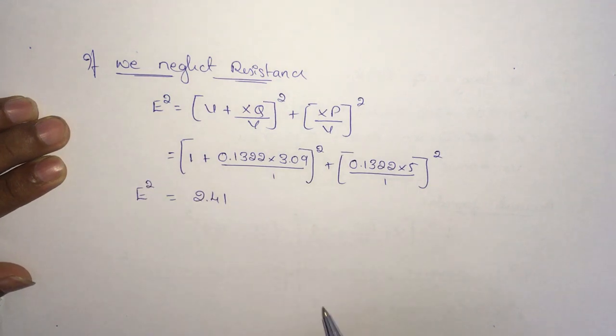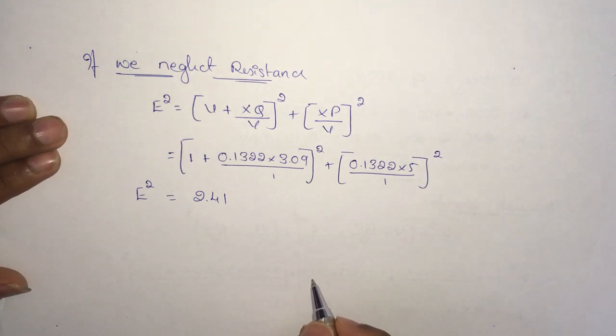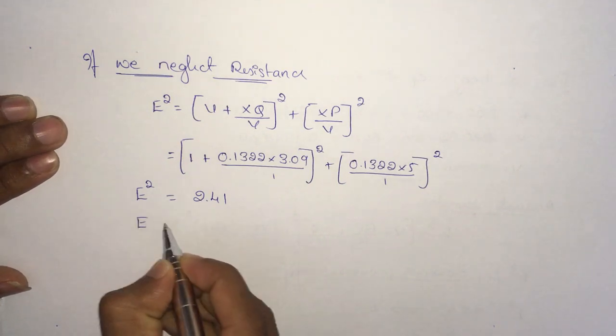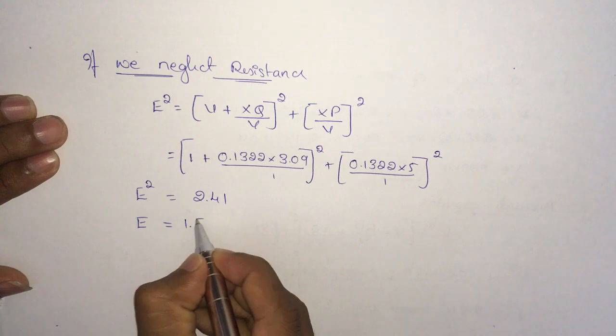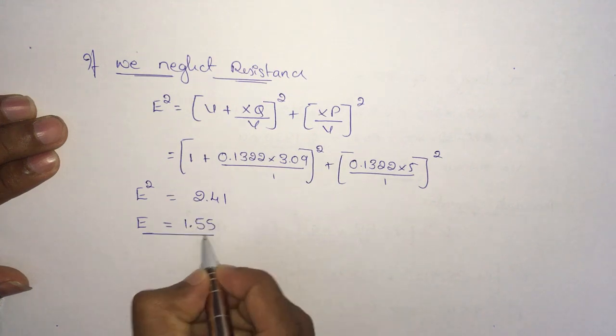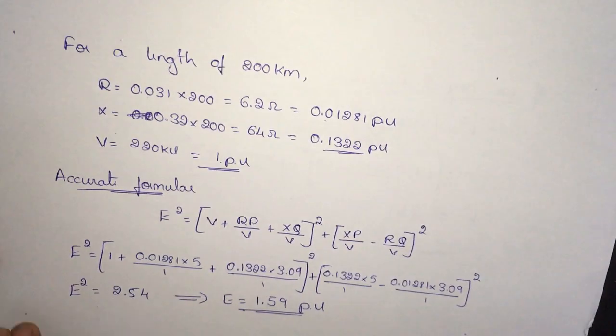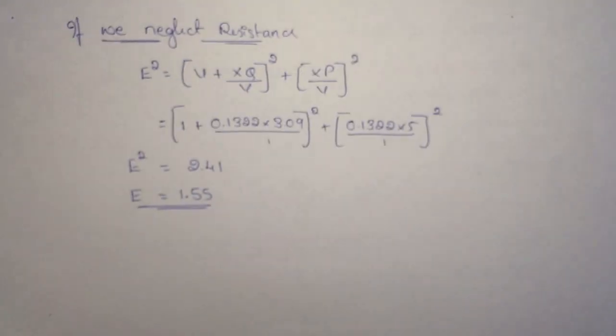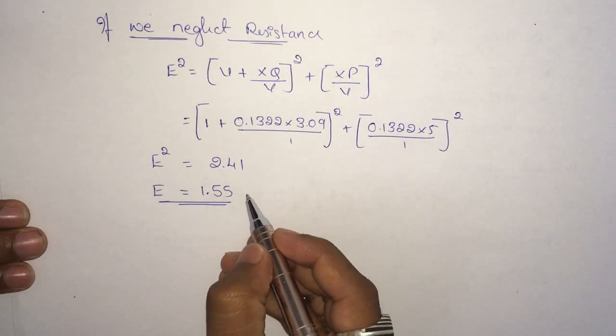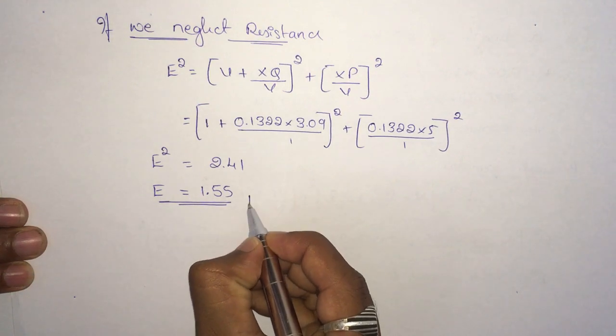E square is equal to 2.41, which means E is equal to 1.55. You can see, considering the resistance value, the value of E is 1.59 per unit. Neglecting resistance value, E is equal to 1.55 per unit.